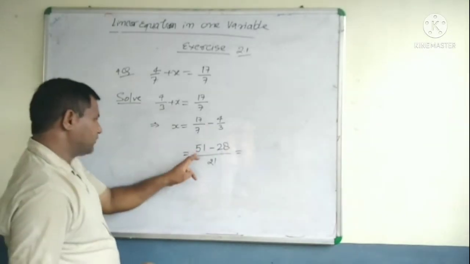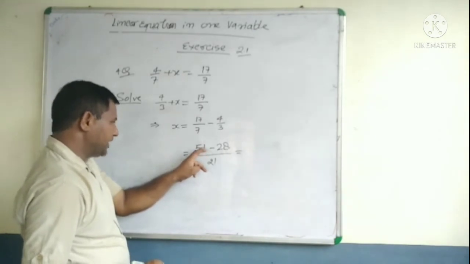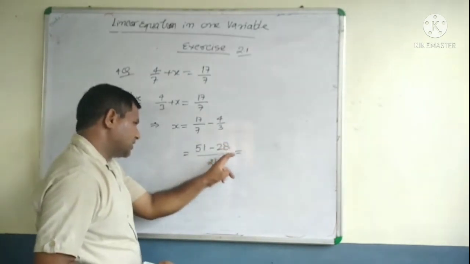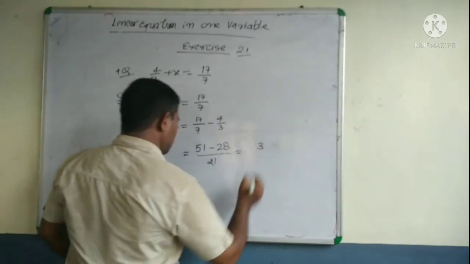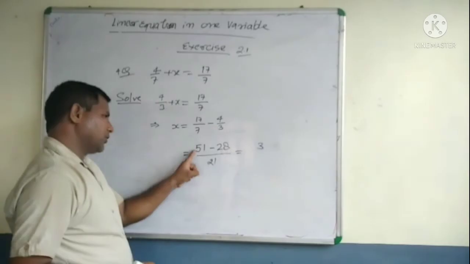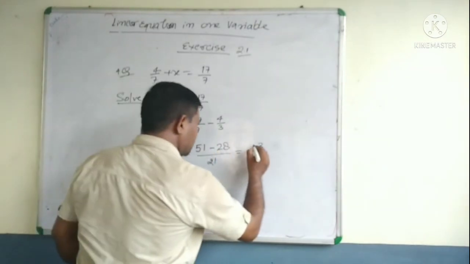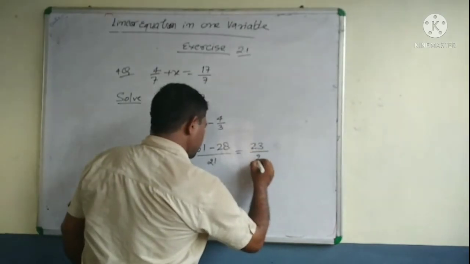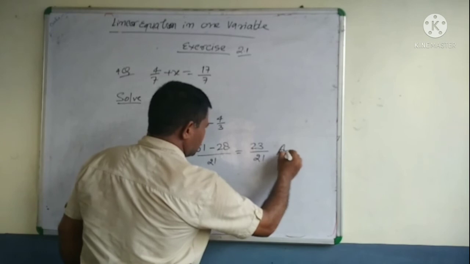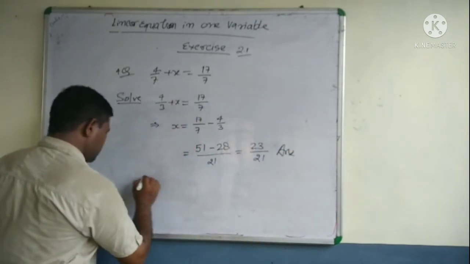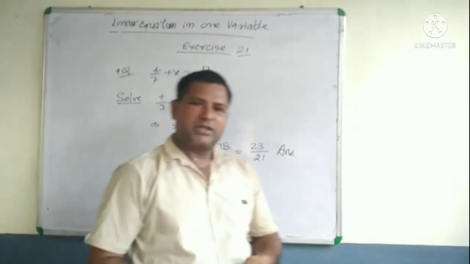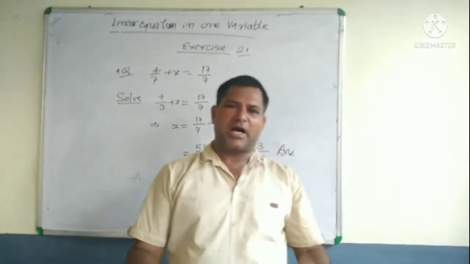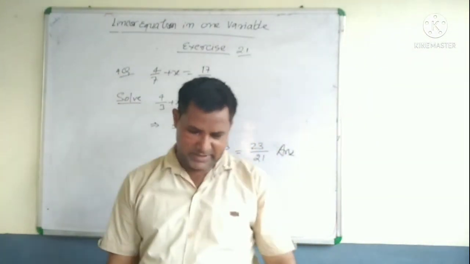We take a carry from 5 to 1, it becomes 11, and we subtract 8 from 11, it will be 3. And here 4 minus 2 becomes 2. So the answer is 2/21. Similarly, we can solve all questions in this exercise.